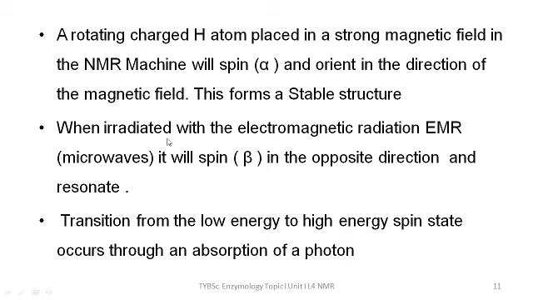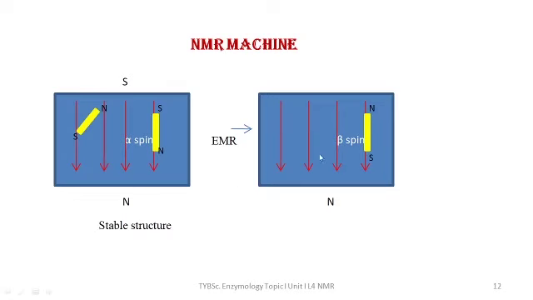When this stable structure is irradiated, energized with the help of electromagnetic radiation, microwaves, it will spin again, and this spin is called the beta spin. And this beta spin is in the opposite direction of the magnetic field present in the NMR machine.